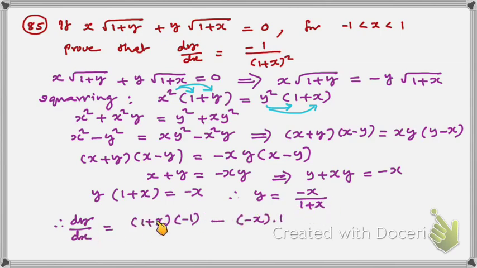Denominator into derivative of the numerator. So v, 1 plus x, into u dash, derivative of the numerator is minus 1, minus u, numerator minus x, into derivative of the denominator, is 1, by square of the denominator, 1 plus x the whole square.